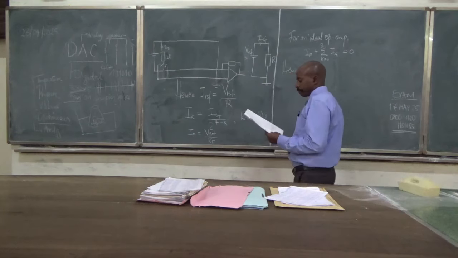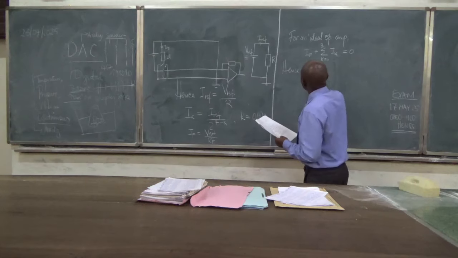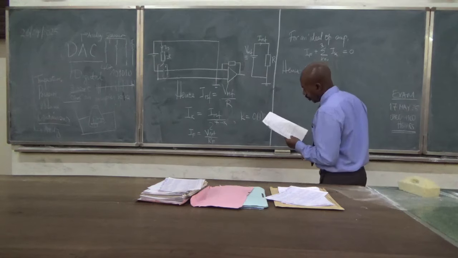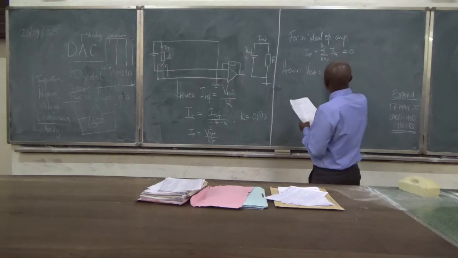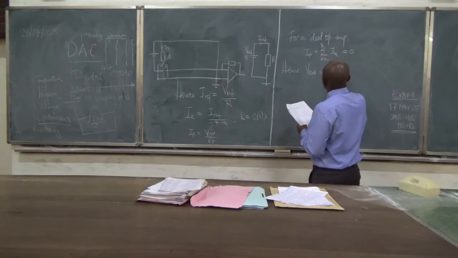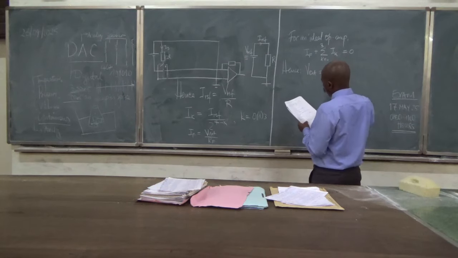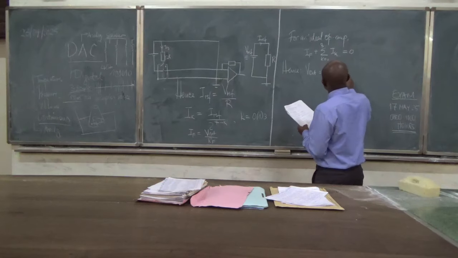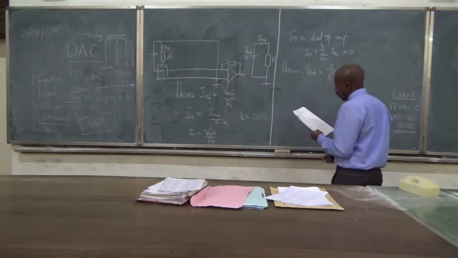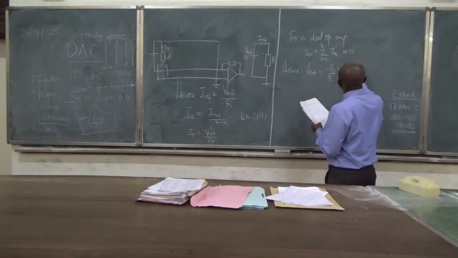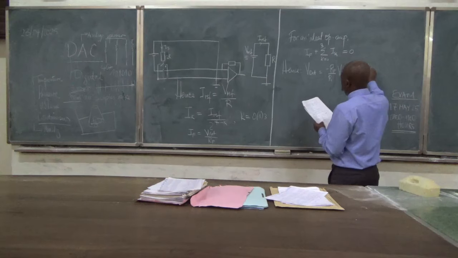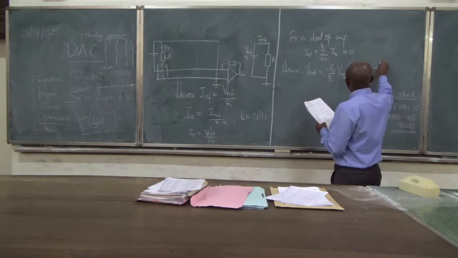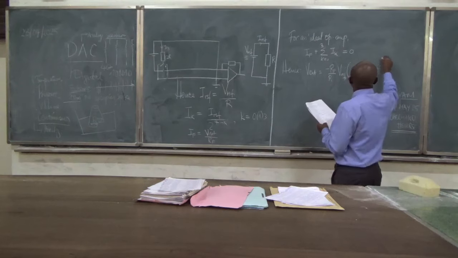Hence, V out is equal to minus RF over R, V ref, into a half plus a quarter plus an eighth plus a 16th.